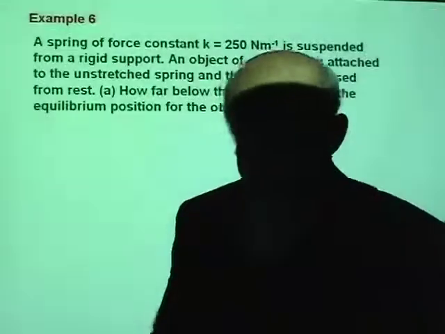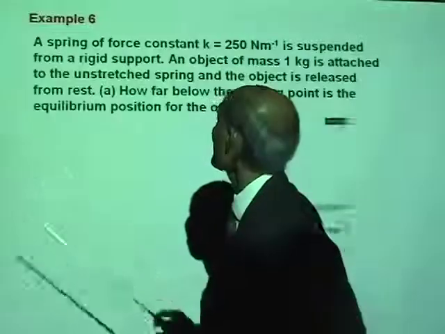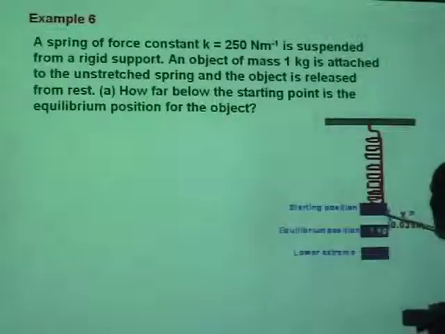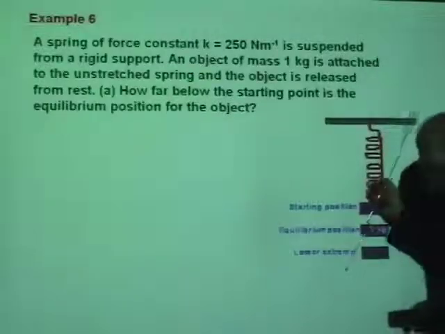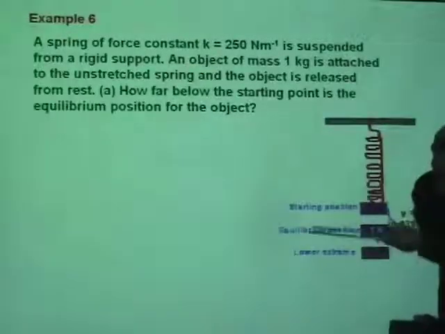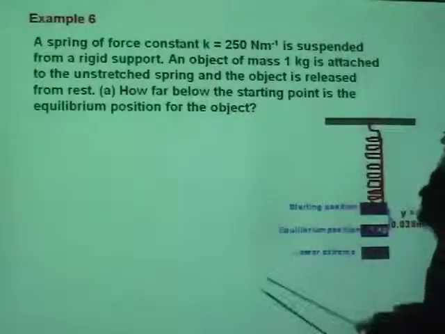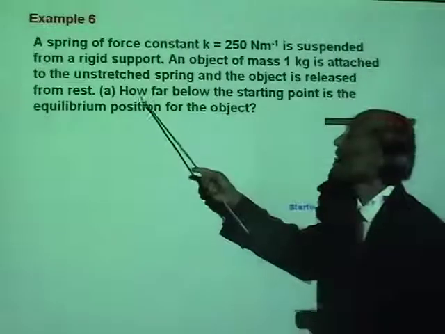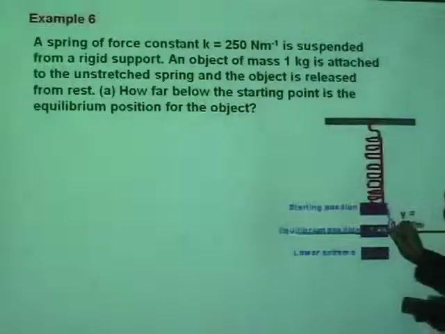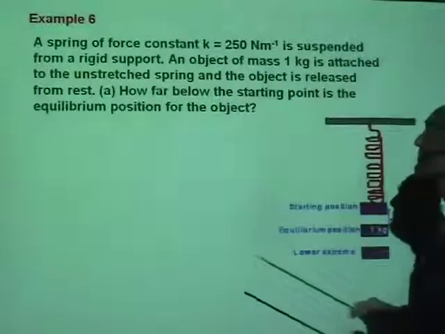This is the starting position. When you allow it to fall, it falls all the way to the lower extreme and then begins to oscillate. We need to find how far below the starting point is the equilibrium position.